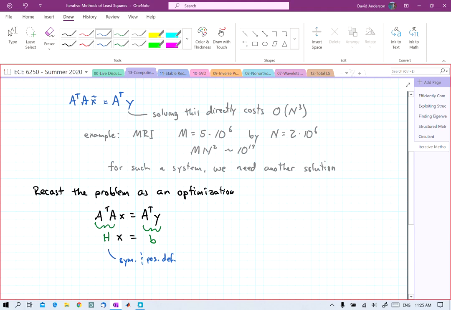Okay, it'll become clear in just a minute, but we're going to now define a new type of system.